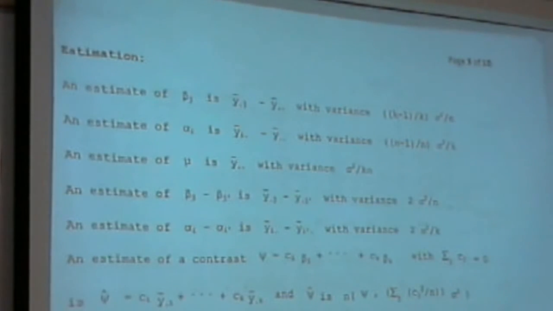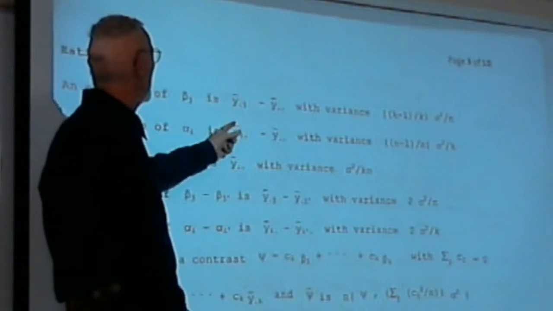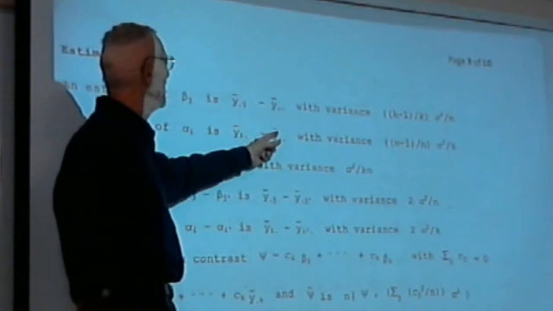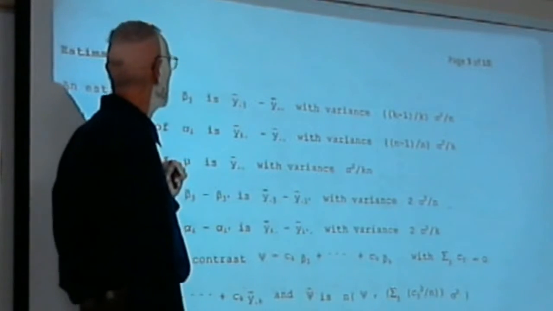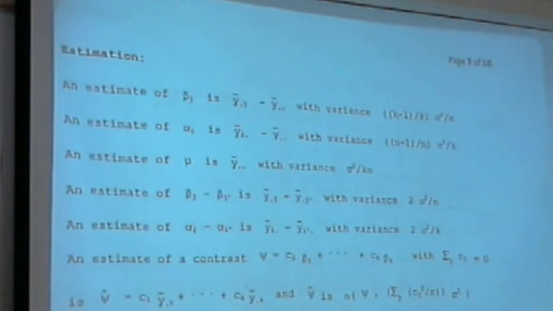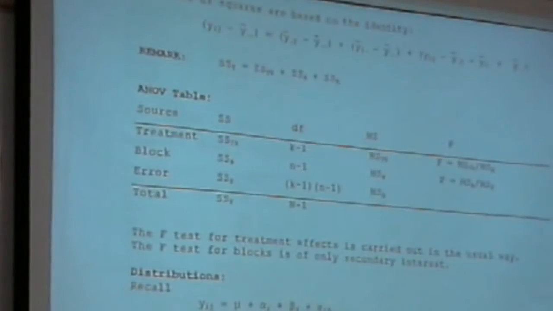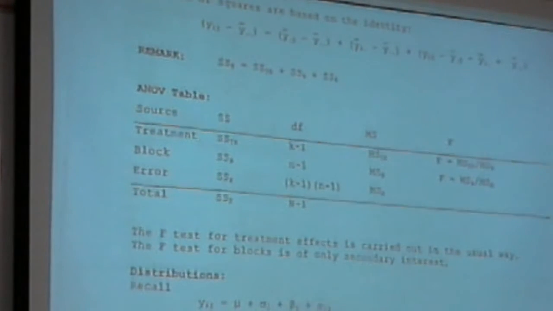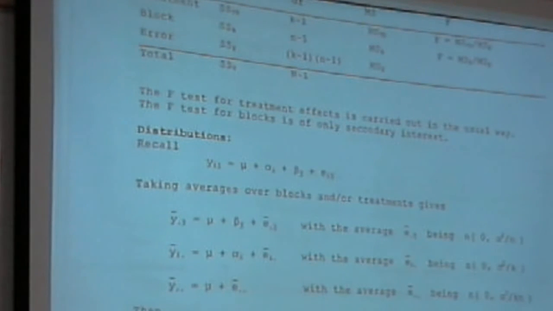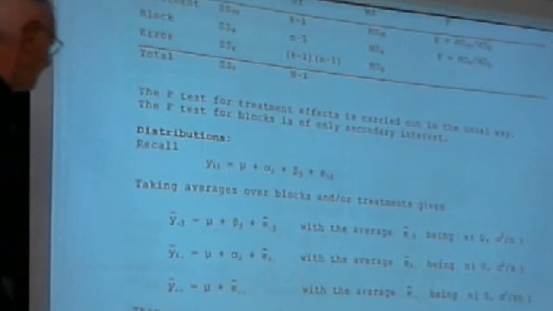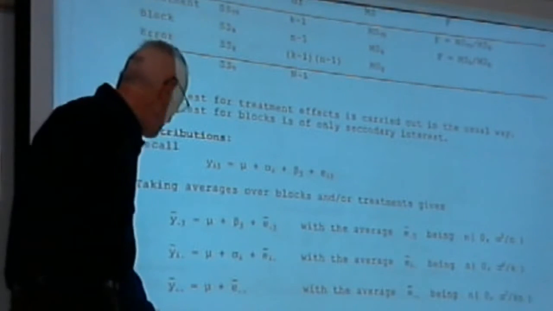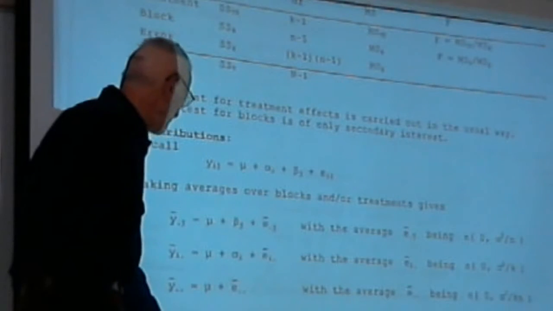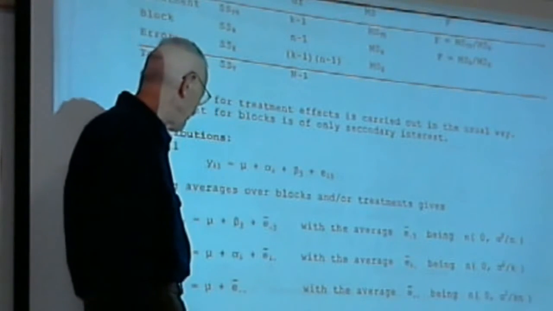The second line there says, if we want to estimate the alpha i's, use y bar i dot minus y bar double dot. Now, you can see that happening from the bottom of the previous page. Something that has an alpha i in it is right here, but it's got a mu plus alpha i for its expectation.